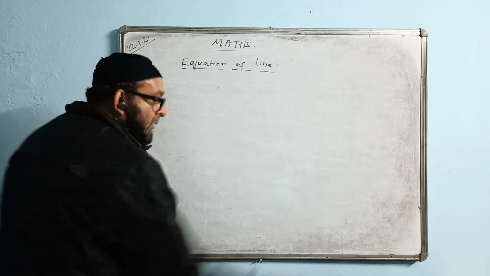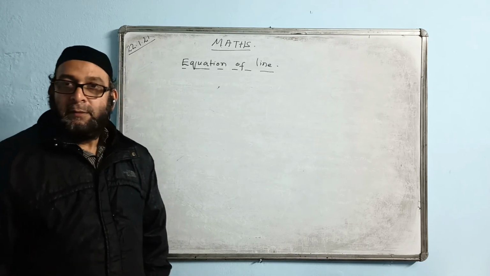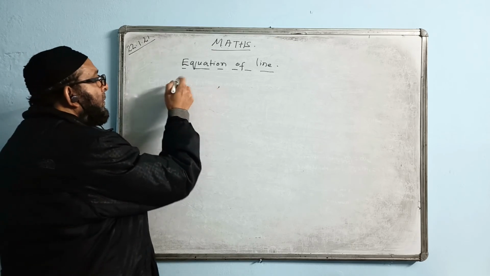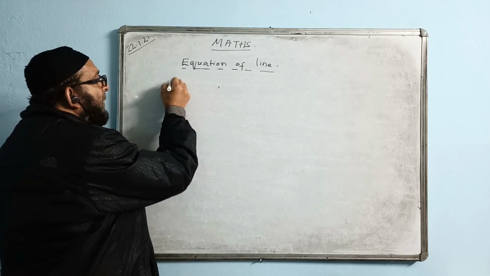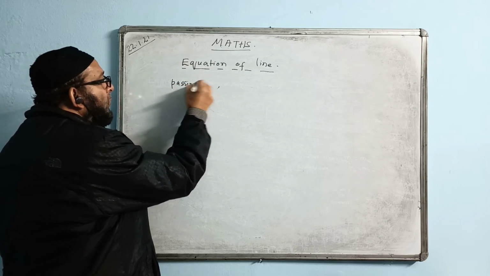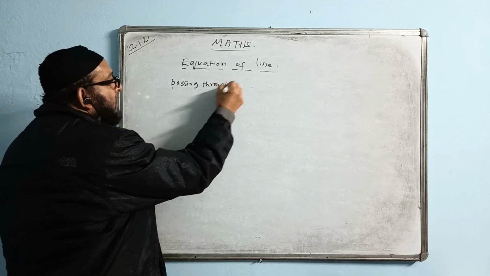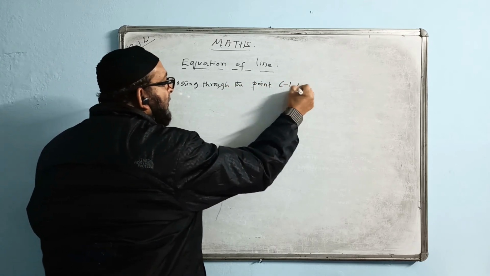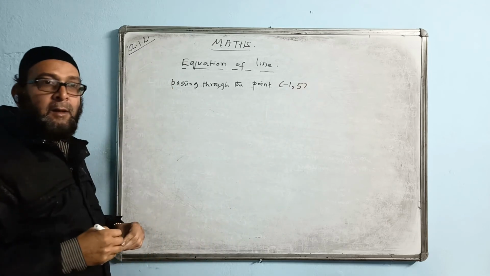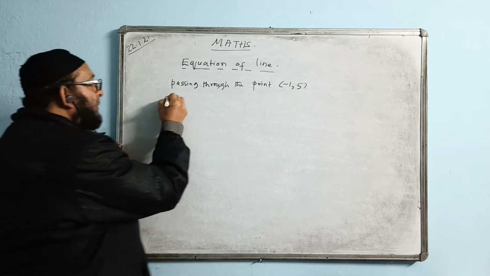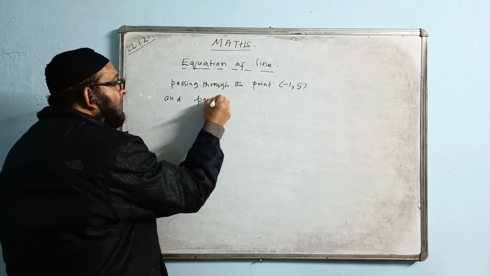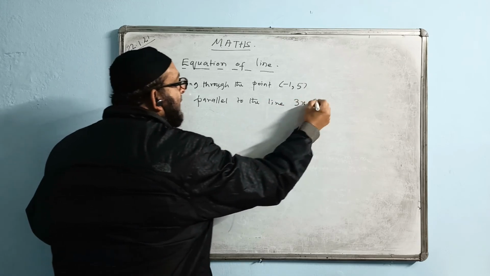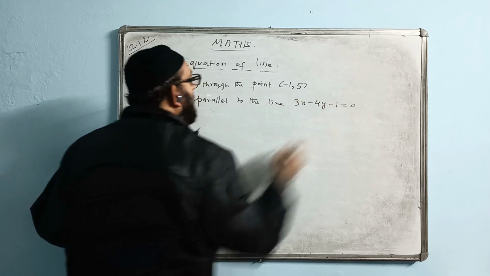They are saying, find the equation of a line passing through the point (-1, 5) and parallel to the line 3x minus 4y minus 1 equal to 0.